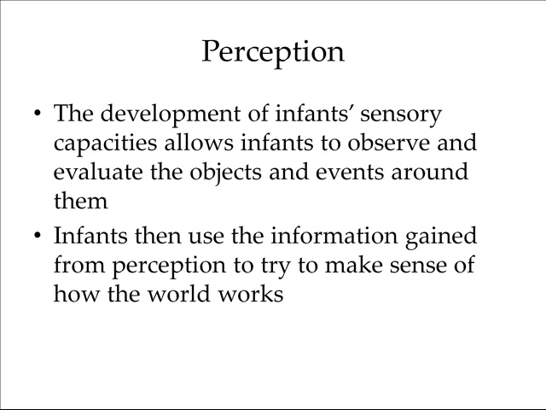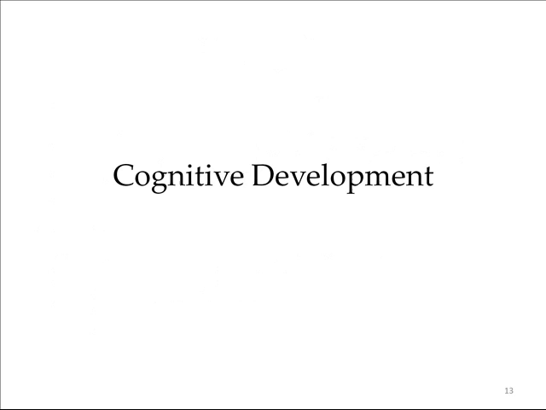However, our vision is quite poor at birth, with our range of visual acuity at about 8 to 12 inches. This helps to explain why babies put everything in their mouths. Since their vision is poor, but their sense of taste and touch are good, they explore their environment using these perceptual abilities. After birth, all of our perceptual skills develop quite rapidly.